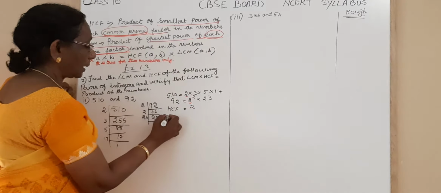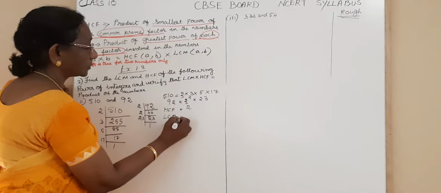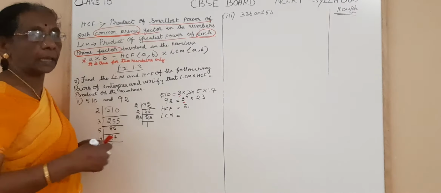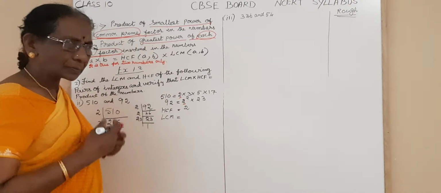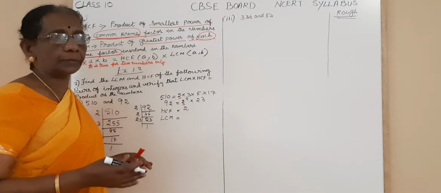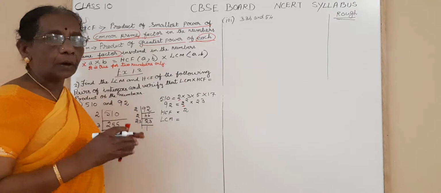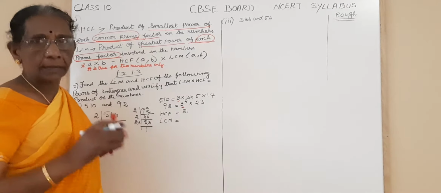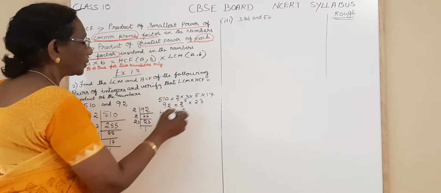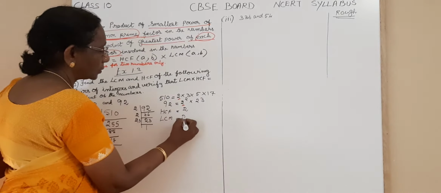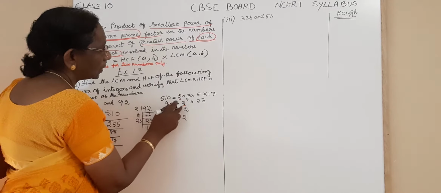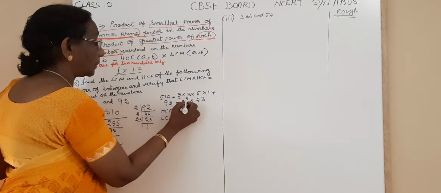Now next, LCM. For this what we have to do? We have to write the product of the greatest powers of each prime factor involved in the numbers. So here 2. When you take 2, what is the greatest power? 2.